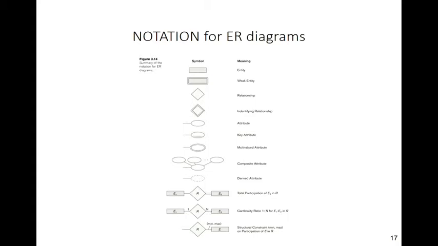What a weak entity is versus a regular entity is if I have a composite key and a relationship to another entity that is only based off of a piece of that, then it's called a weak entity because it's not based off of the whole thing.